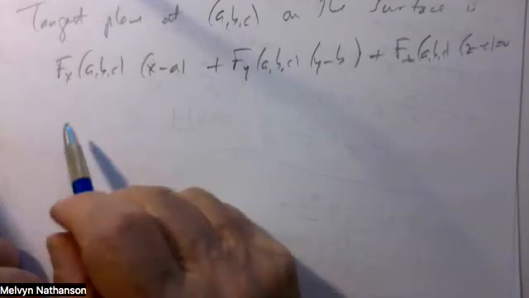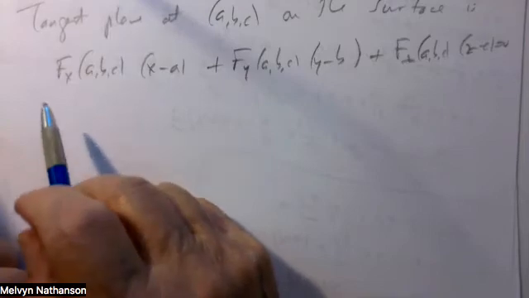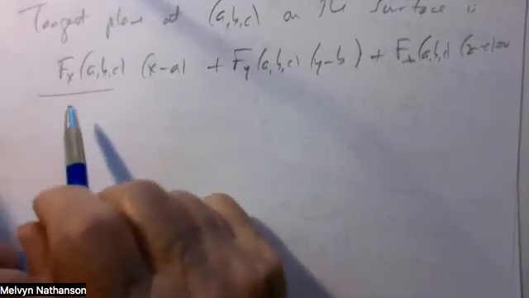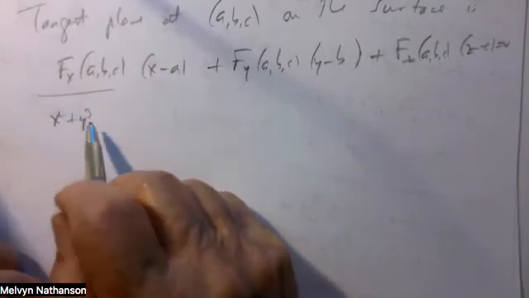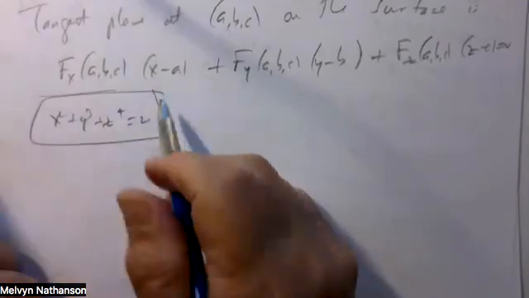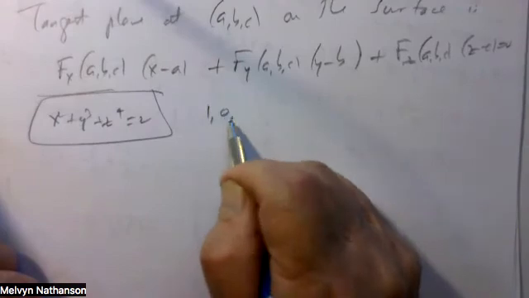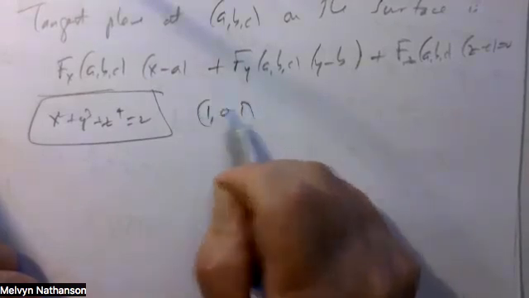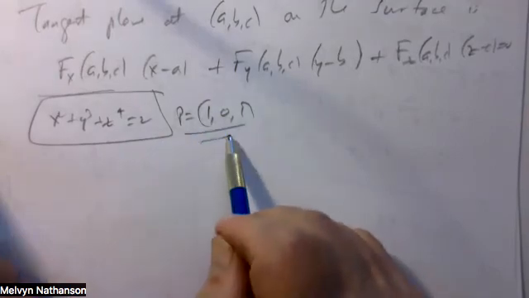Here we have a function, or we have a level surface, if you like, x squared plus y cubed plus z to the fourth equals 2. And on this surface, we have the point 1, 0, 1. So on this surface, I want to find the tangent plane at this point.